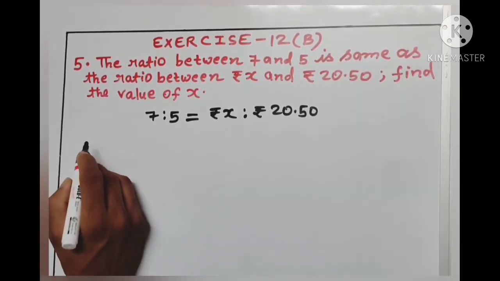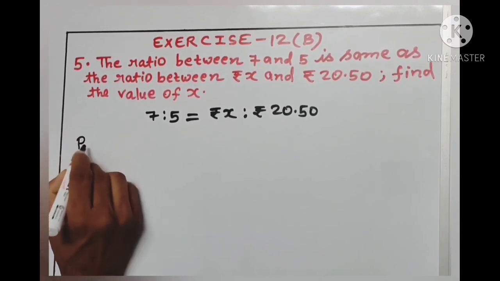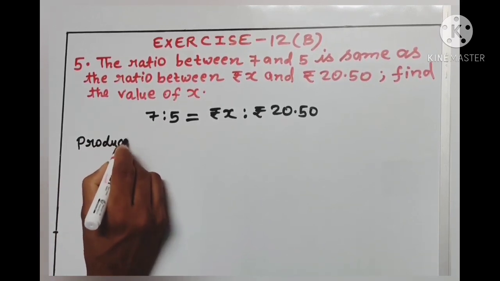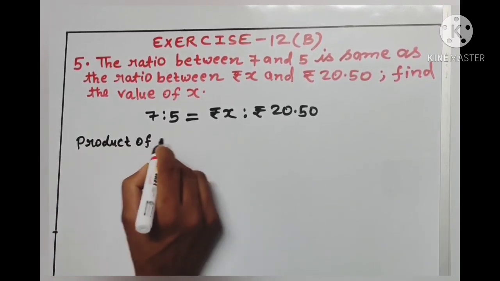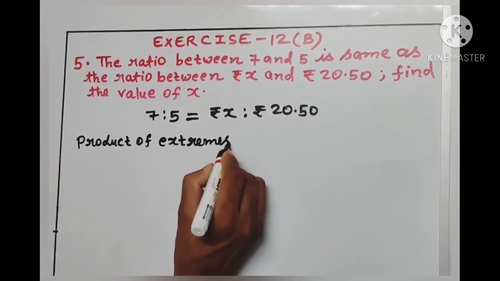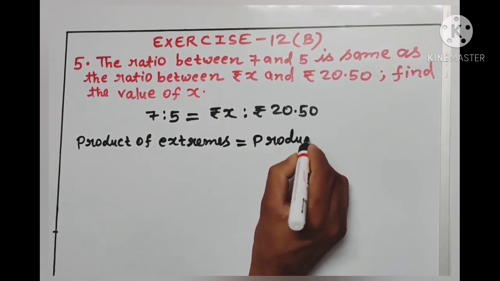So we are going to apply the same rule of proportion, that is, product of extremes is equal to product of means.